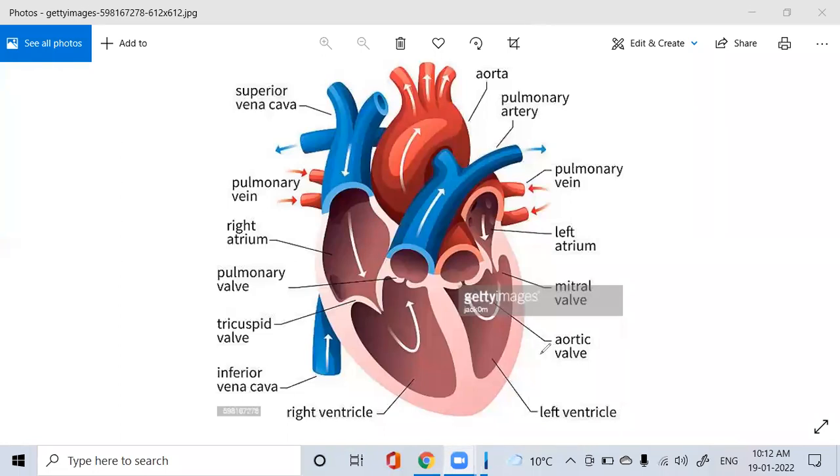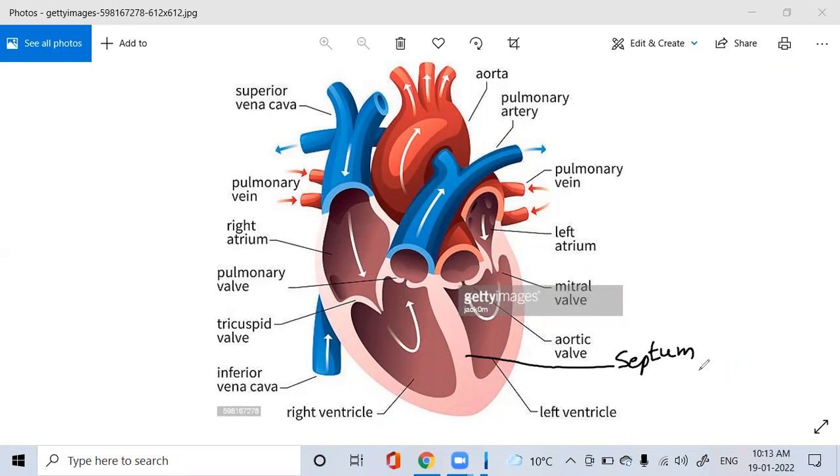Right? This thick wall, this one, is the septum, which divides the heart into right and left two parts. That is called the septum.